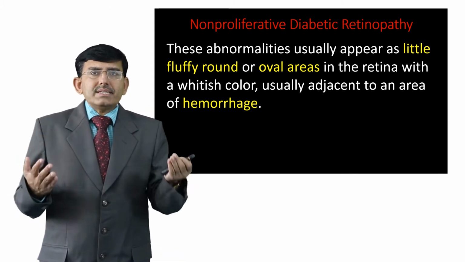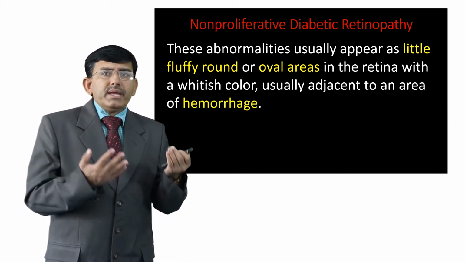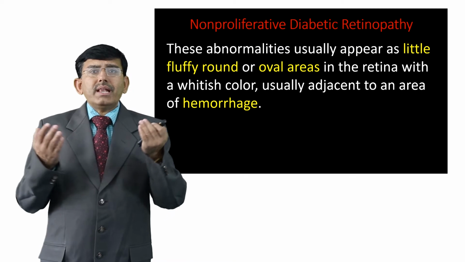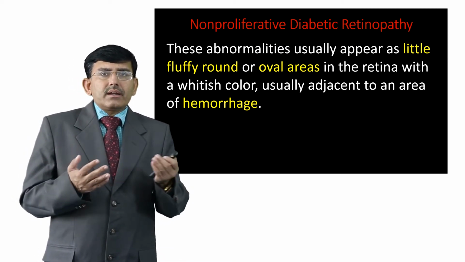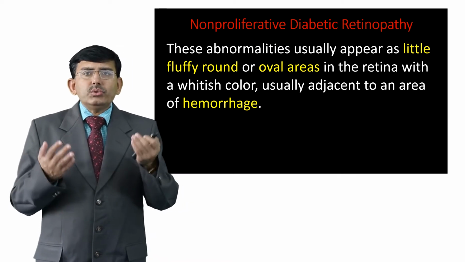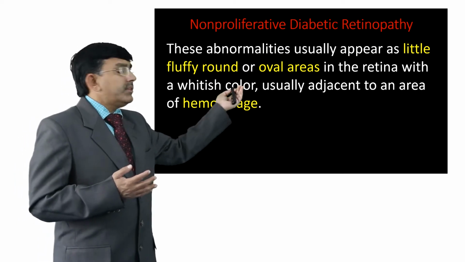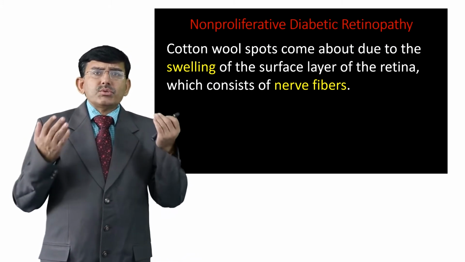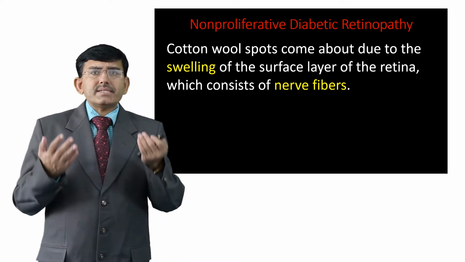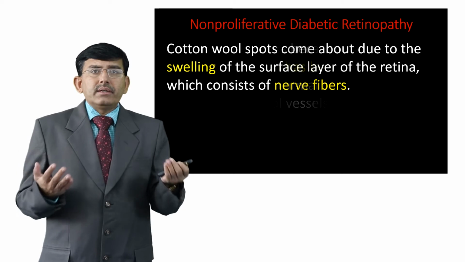These abnormalities usually appear as little fluffy round or oval areas in the retina with whitish color, usually adjacent to the area of hemorrhages on the retinal surface. Cotton wool spots come about due to the swelling of the surface layer of the retina, which consists of nerve fibers.